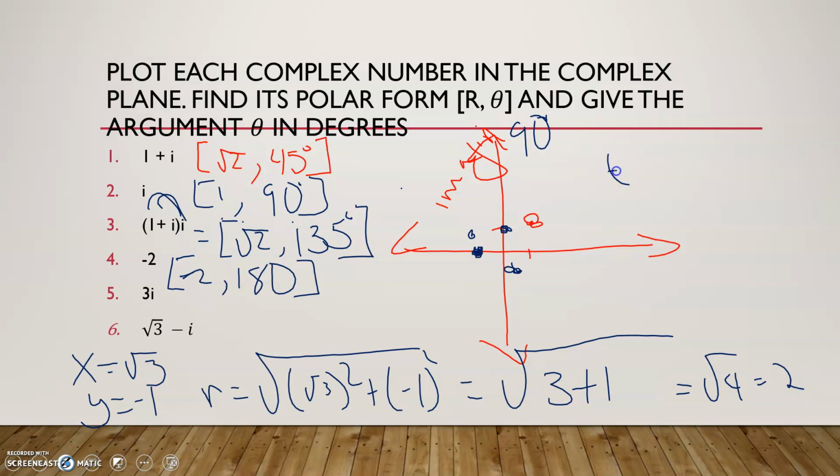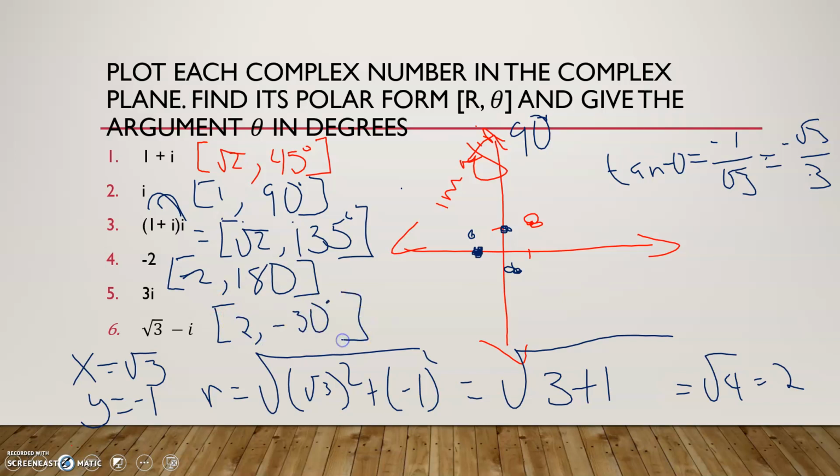Then tangent of theta is equal to -1 over √3, which we all know is just -√3 over 3 when I simplify it. And when I plug that in my calculator, I get -30. So 2, -30. Okay, let's go on.